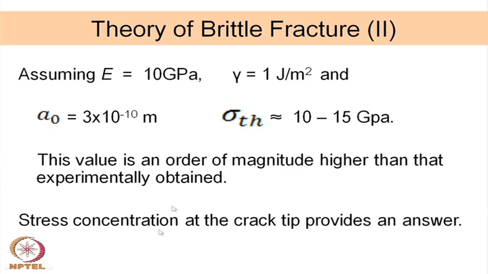We have seen in one of our earlier lectures that this theoretical value available for any material is always higher than the experimental value. In our earlier situation where we were considering dislocations, we said that the experimental value is lower because there is a dislocation.